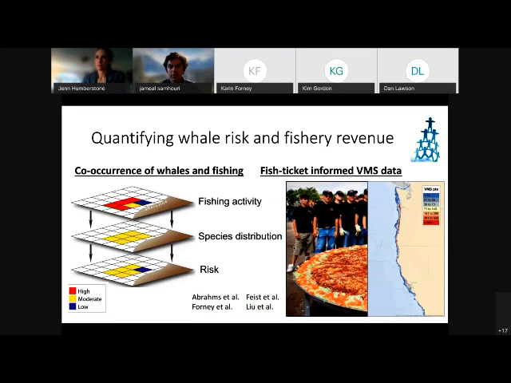And I'm also going to build on the fish ticket informed VMS data that Blake Feist and Owen Liu presented in an earlier module to look at the co-occurrence of whales and fishing activity over the last 10 years. And finally, because the vessel monitoring system data allow us to evaluate the amount of revenue that came from different locations in the ocean, I'm going to use those data to say, well, how valuable are those particular fishing grounds where risk is higher and lower?